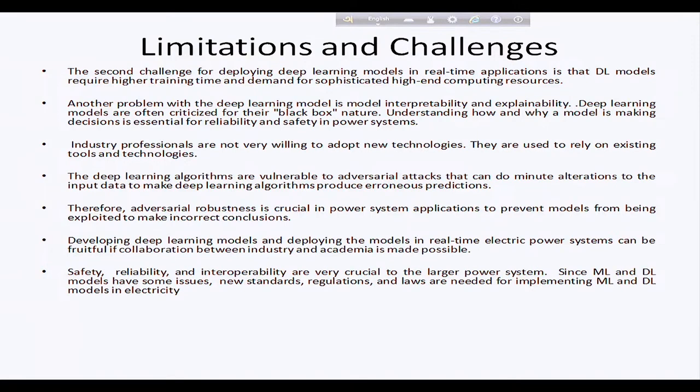Adversarial attacks mean a slight modification or minute alteration to the input data to make the deep learning model fail. In that situation, the entire grid system may collapse. So whenever we deploy deep learning and AI, we have to be cautious.